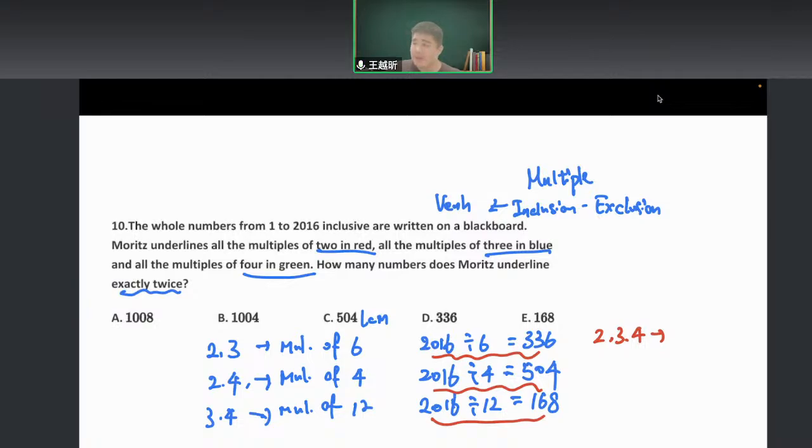We find the multiples of 2, 3, and 4, which are the multiples of 12. We have calculated 168. But the question is, how many times do we need to subtract away the numbers that we counted 3 times?